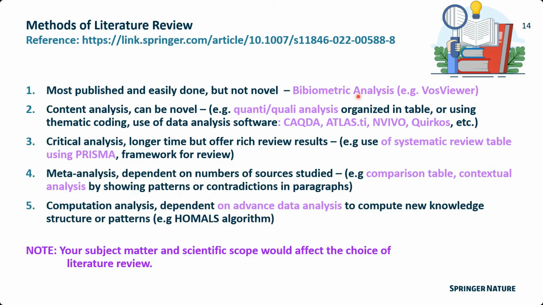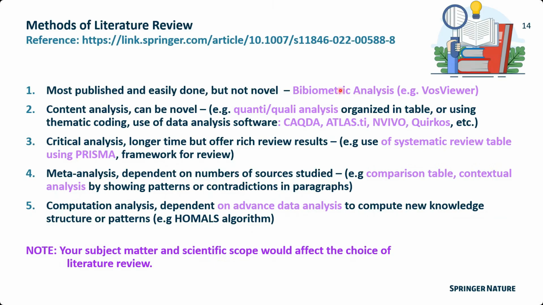Is it just a written paragraph, like a short paragraph in a journal paper, arguing about different statements? Or is it a literature review with a table? All of these have to be well prepared at the start, so that you will know how to find these sources to fit your review method.